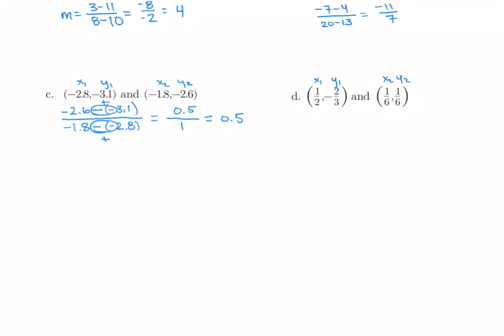I'm going to subtract my y coordinates, so we get 1/6 minus negative 2/3. And this time, instead of writing it as a fraction, I'm going to remember that the fraction bar means divide. So we're going to divide by 1/6 minus 1/2.